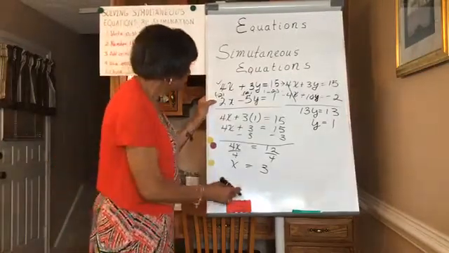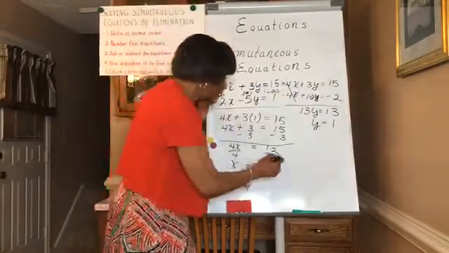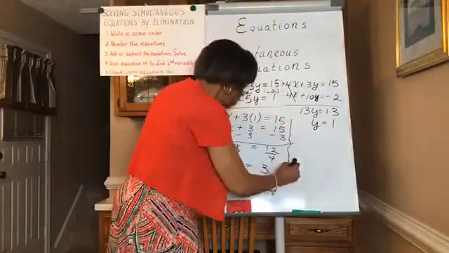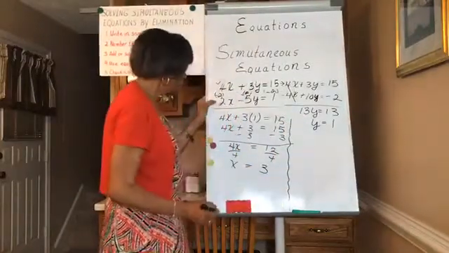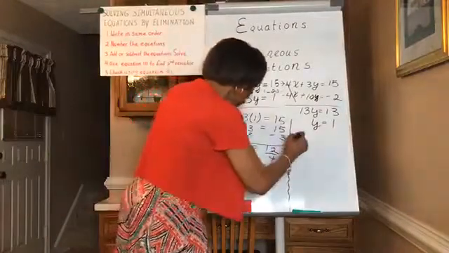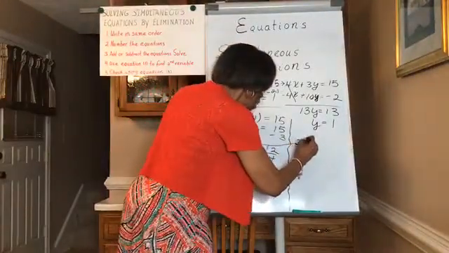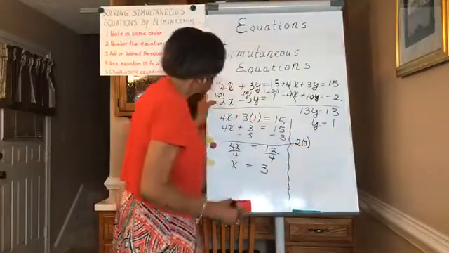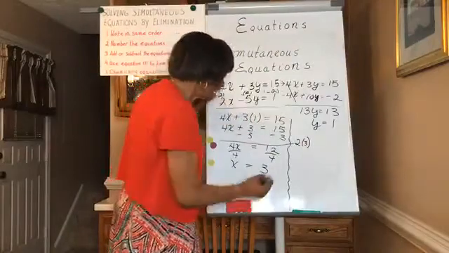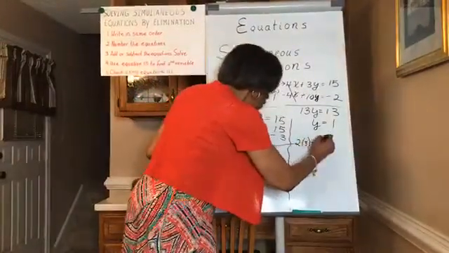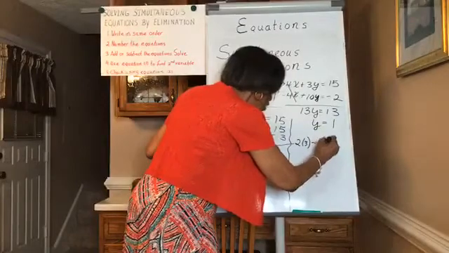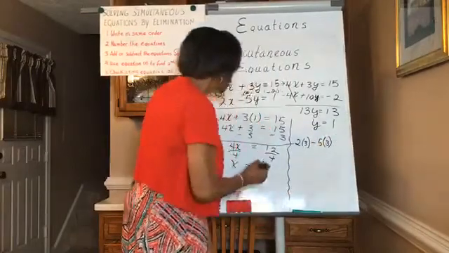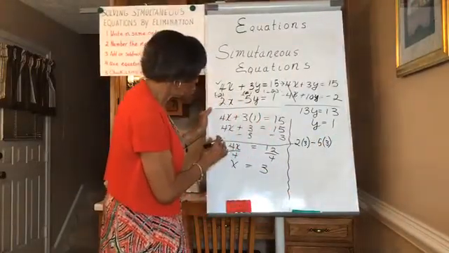All right, and the equation is, let me make some space here. 2x, that's 2 times 3, minus 5y, that's minus 5 times 1, equals 1.